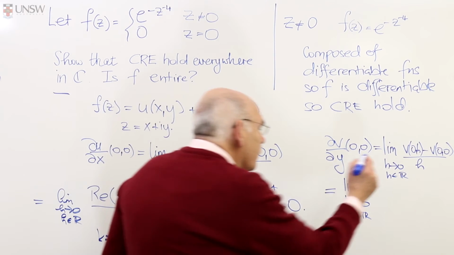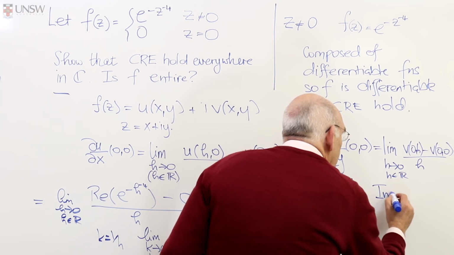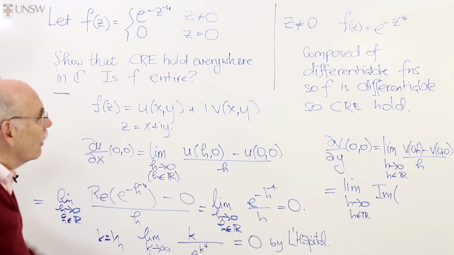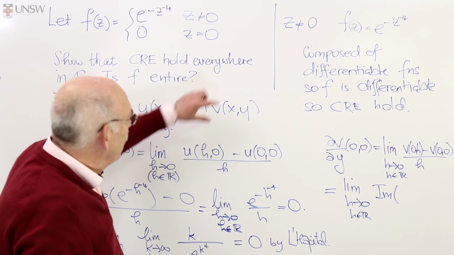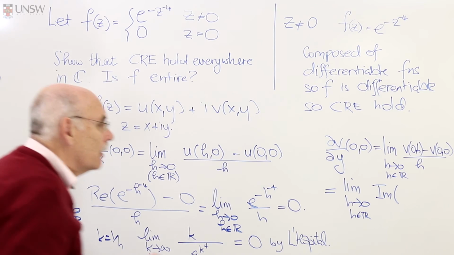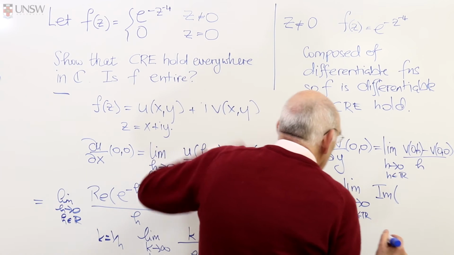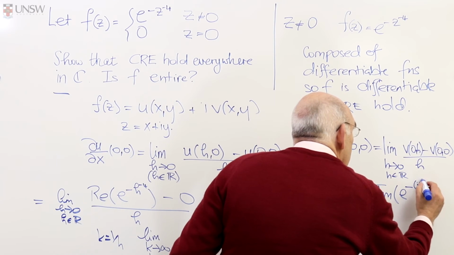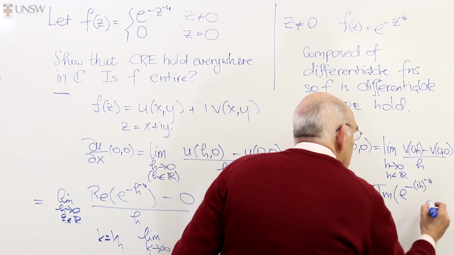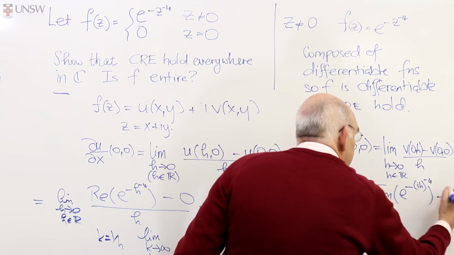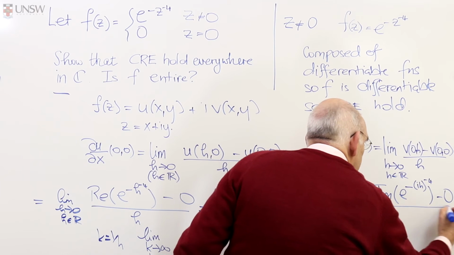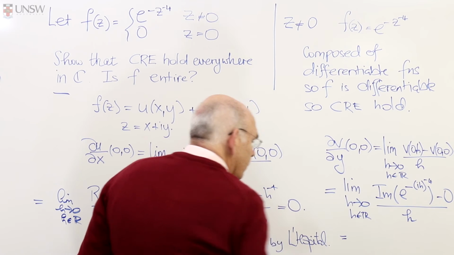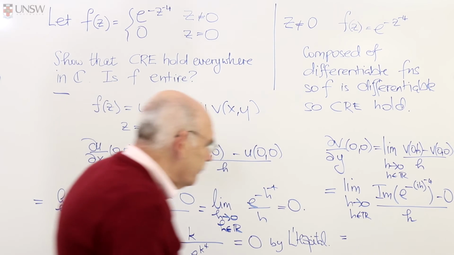Now, v is the imaginary part of something. Now, 0,h is x equals 0, y equal to h, so this is the imaginary part of e to the minus ih to the minus 4, minus, much as before, 0, over h.